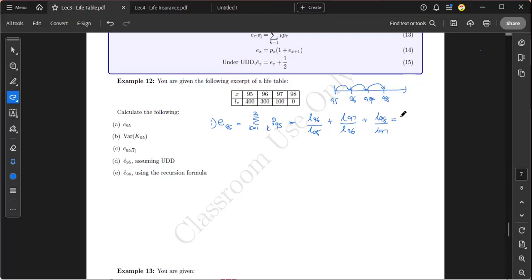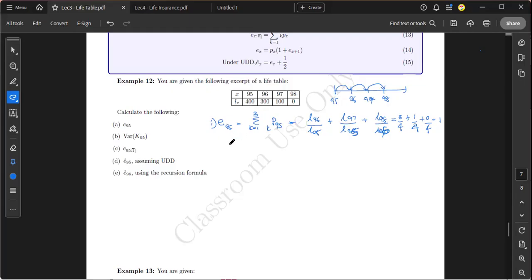And you know that it's 3 over 4, oh sorry, so this is starting from 95. So at each age, this should be 95. 1 over 4 and 0 over 4. Eventually, it's 1. So this is in years.